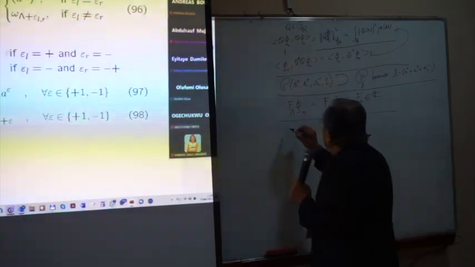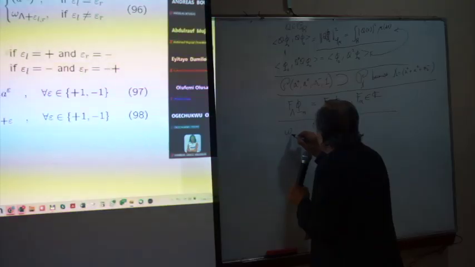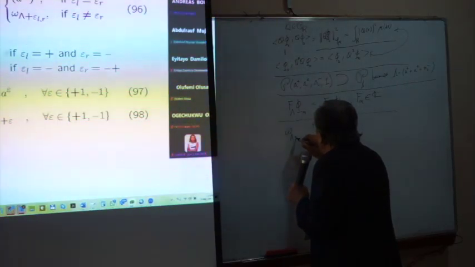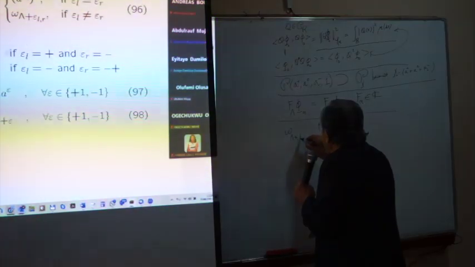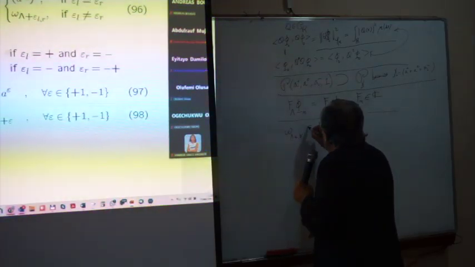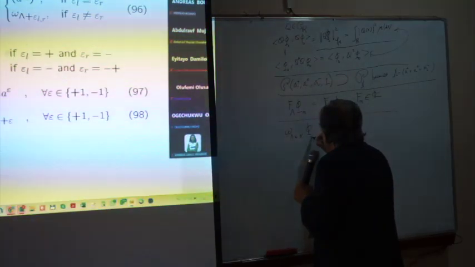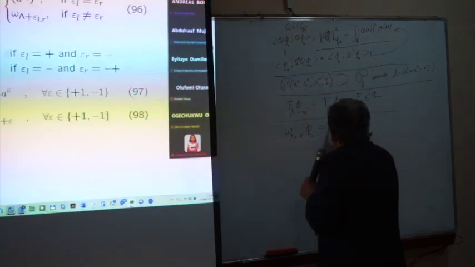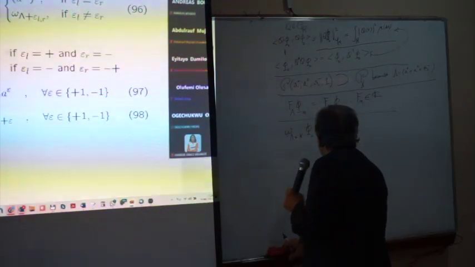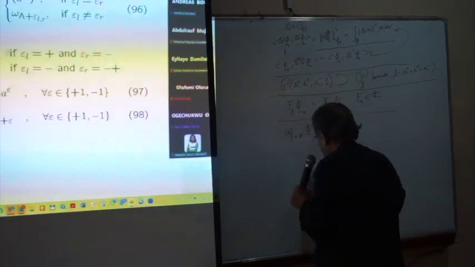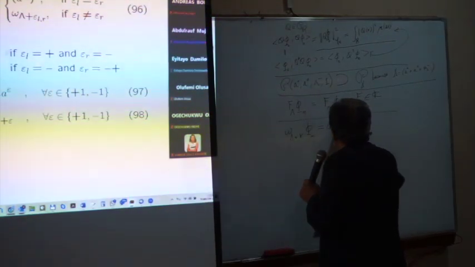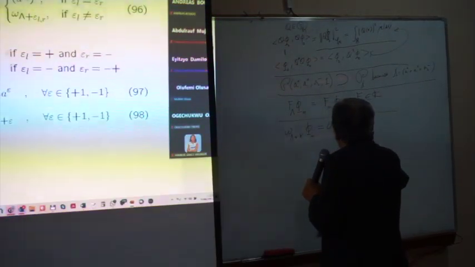But if I take f of lambda to be omega of lambda, I have this notation: omega of lambda plus k acting on phi n equals omega n plus k times phi n.